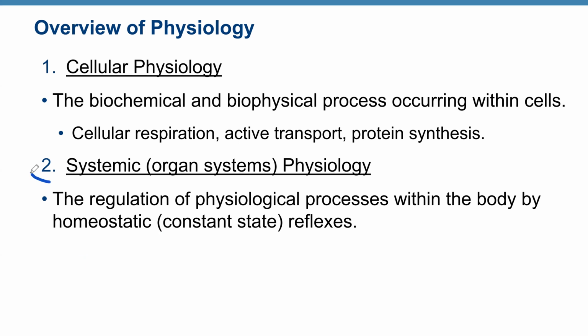When we're talking about an organ system in anatomy class, we will mostly focus on what organs make this system, where they're located, and how they are related to one another. In physiology, we mostly will talk about how an organ system maintains homeostasis in your body and what principles are used to keep your internal environment constant. That's systemic physiology.